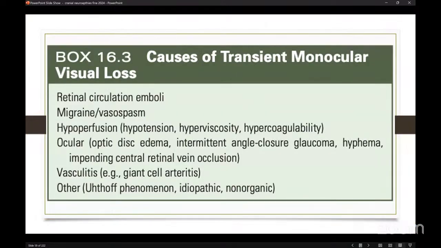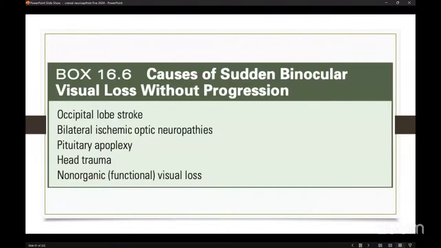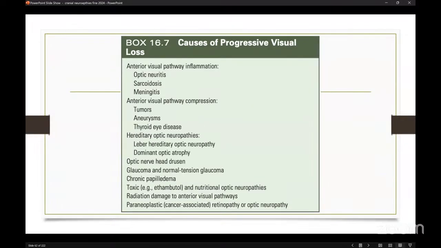And then you have to know the causes of sudden and the progressive ones. Sudden bilateral vision loss without progression is stroke, ischemic optic neuropathies or pituitary apoplexy. If it's a progressive vision loss, it could be because of optic neuritis or anterior visual pathway compression like tumors or thyroid eye disease, or Leber's hereditary optic neuropathy.